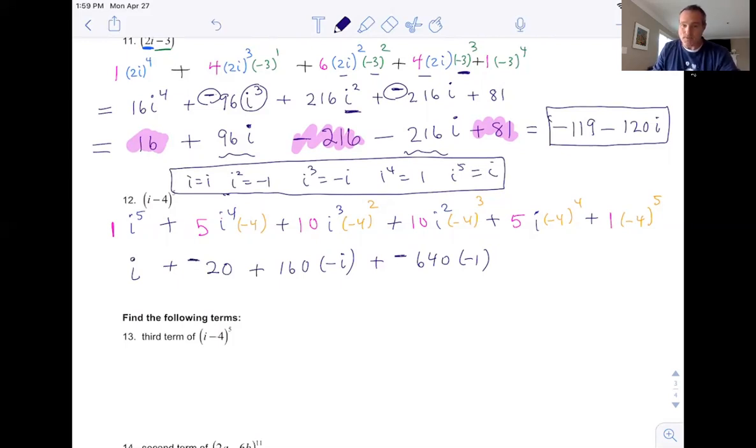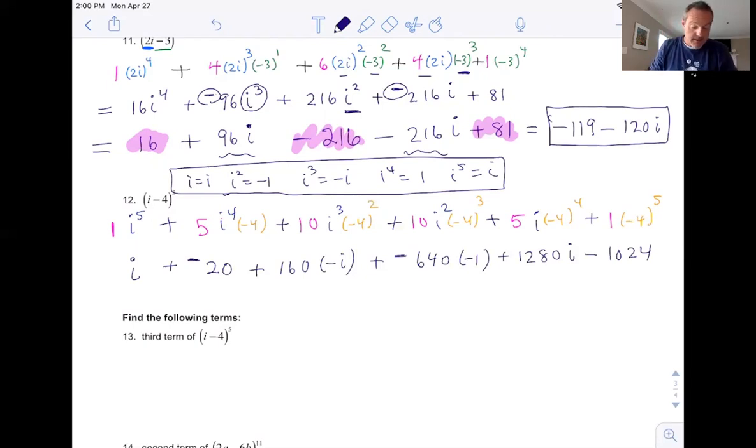And I got 256 times 5, which is 1,280. Boy, this is fun, huh? And then finally, 4 to the fifth, I think is 1024. I'm just checking. It is. It's 1024. And a negative to the fifth power is still negative. So it's -1024.